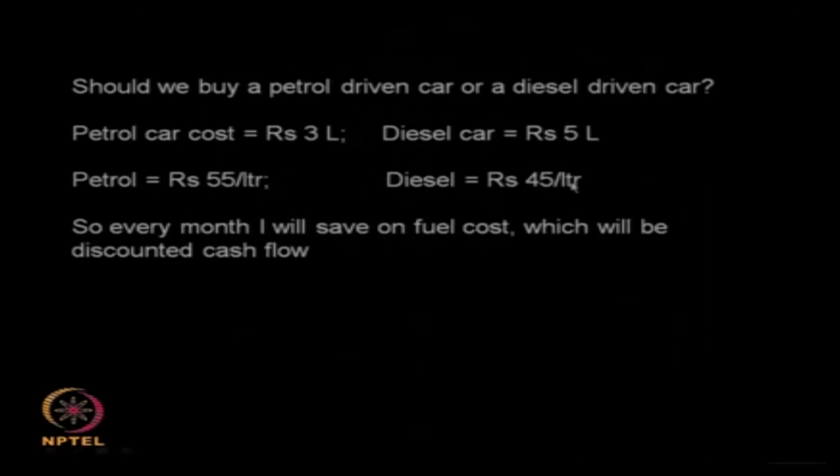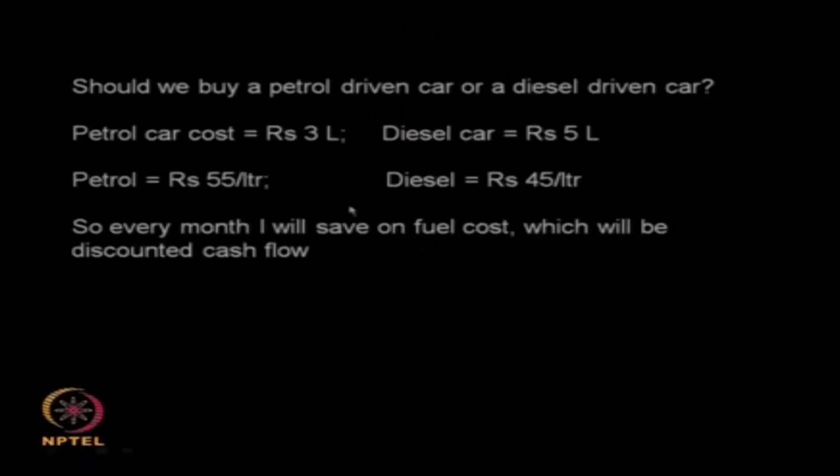So in the fuel I will be saving if I have diesel rather than petrol, but fuel I will be putting in next month, second month, third month, fourth month. So every subsequent month I will be saving on the fuel because I have diesel, but on day 1 I will be spending on buying the car, and the diesel car is more expensive than the petrol car, but every month I will be saving on the fuel cost.